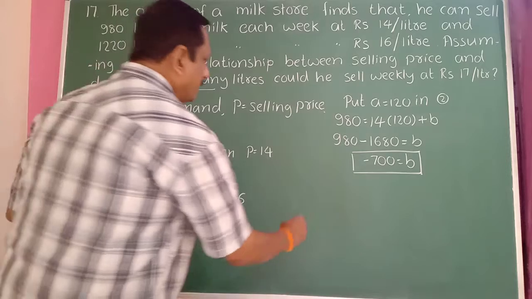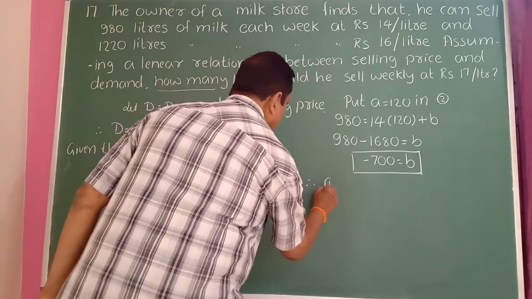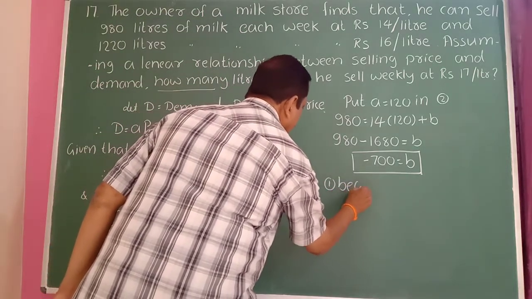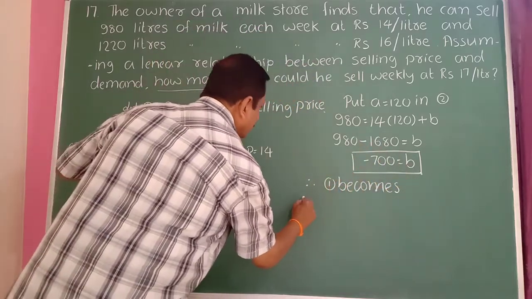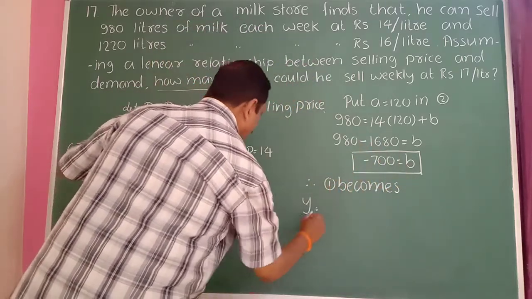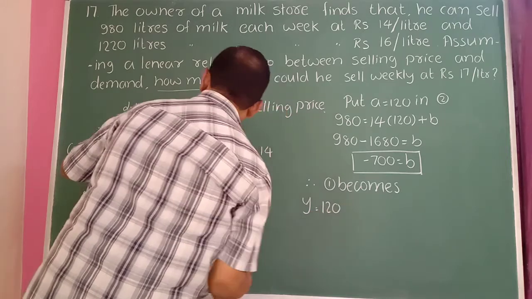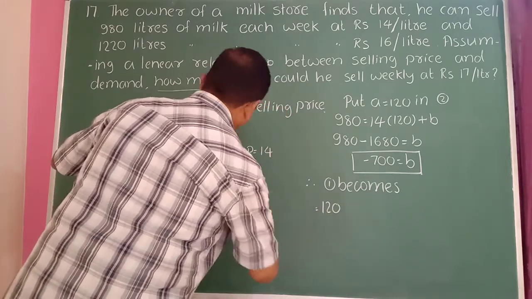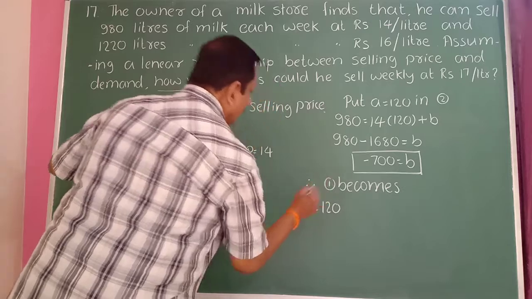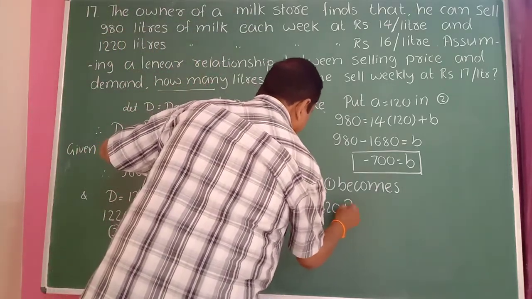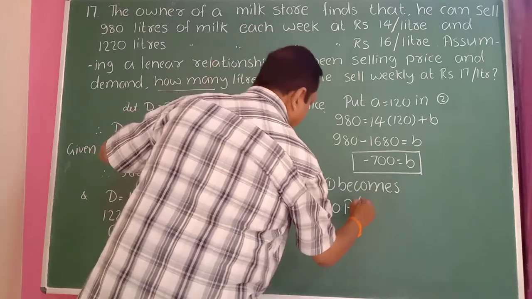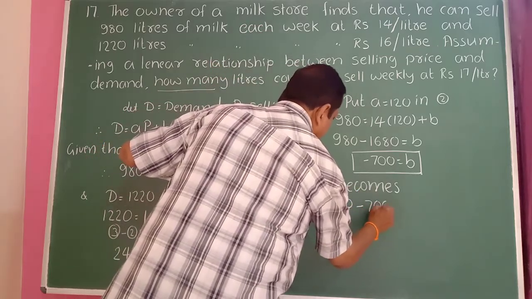Therefore equation 1 becomes D is equal to 120 into P plus B value, minus 700.